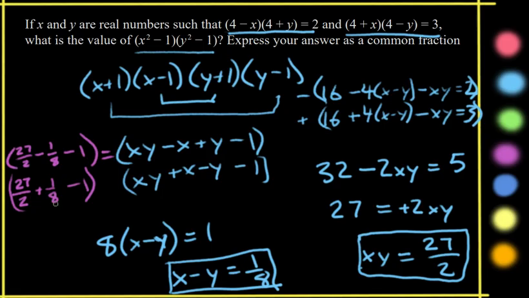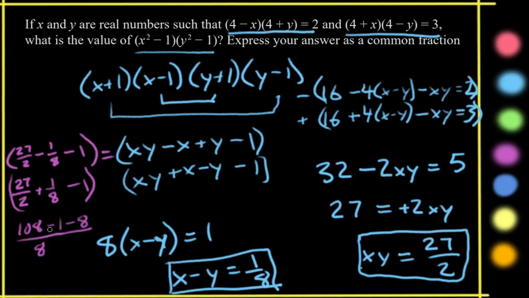Maybe let's put it all into eighths. So 27 times 4 is going to give us 108. So we got 108 eighths minus 1, so that's 108 minus 1 over 8. But we also have to subtract this 1, so that's minus another 8.